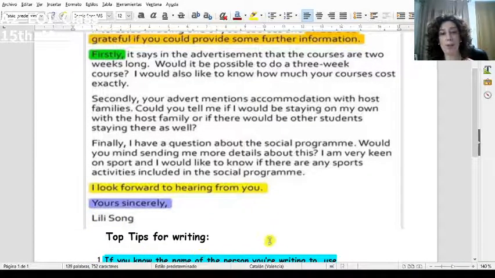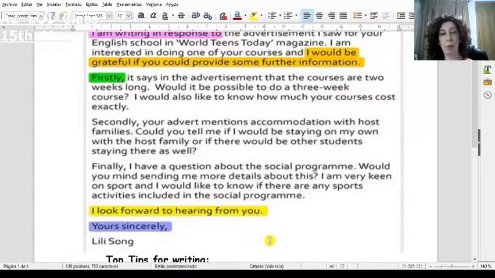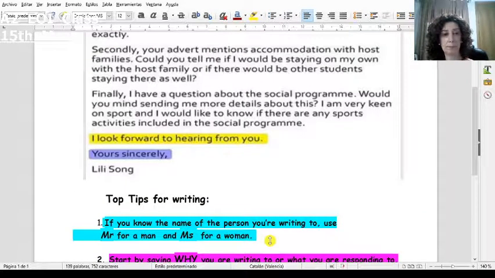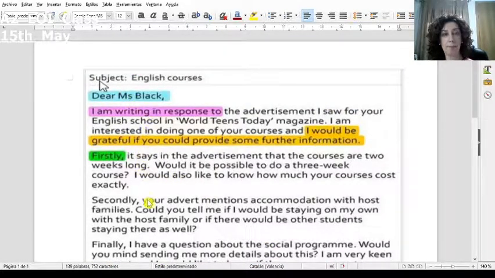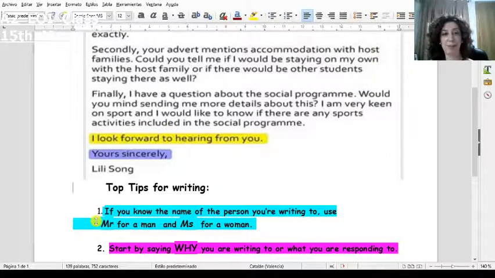Top tips for writing. So you have what you need to take into account, ¿vale? We were starting with which color? The blue one. Dear Miss Black. What explanation do you have in the blue one? 1. If you know the name of the person you are writing to, use Mr. for a man or Miss for a woman.